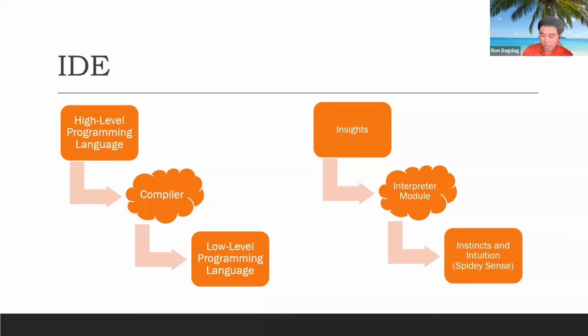We have reflexes that we build with our instinct and intuition. That's something that tells you something's wrong, or sometimes it feels like someone is watching you. And it goes through this interpreter module, which is our nervous system, to send messages up, where we can think about insights in our brains, and what we learned, and what I've identified that we can do better.